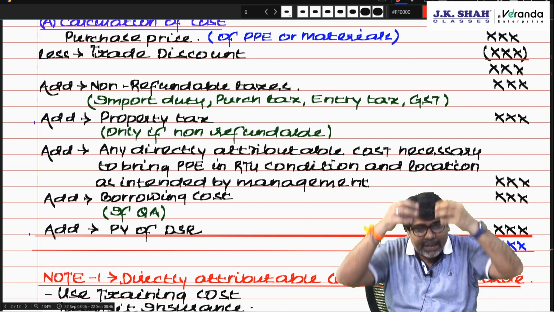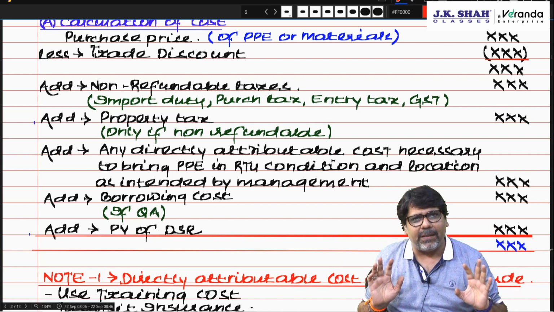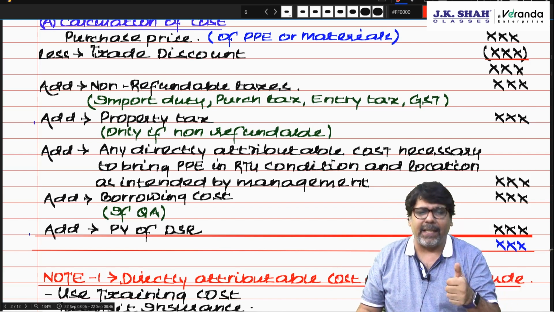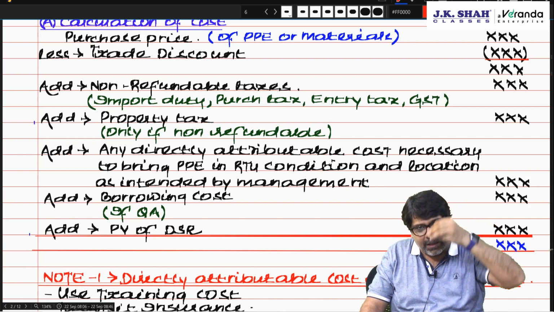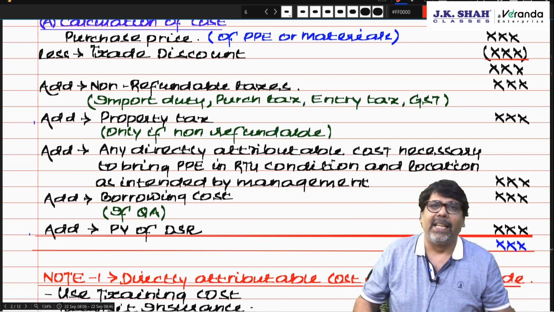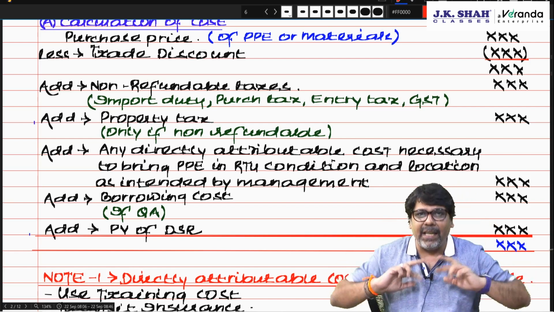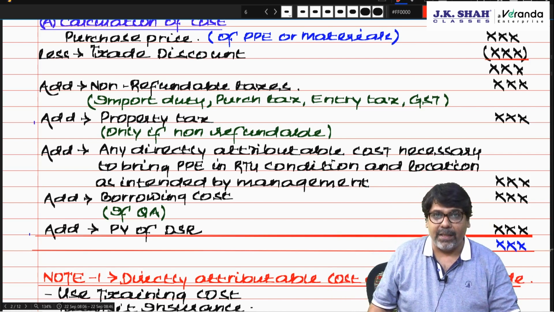So its present value you are supposed to bring. Are you understanding? Suppose after 10 years I am going to incur 20,000. So the present value of 20,000 I am supposed to recognise. Then every year it will unwind, interest will go up.